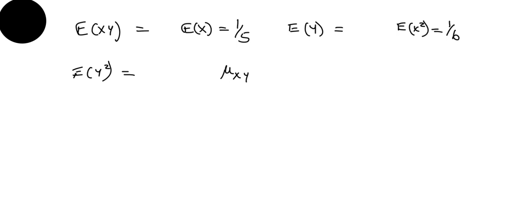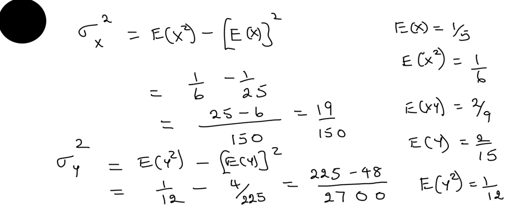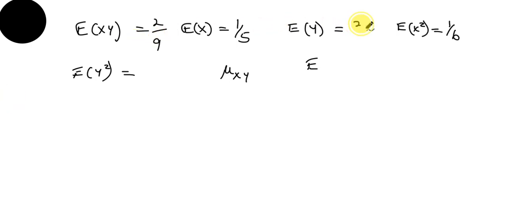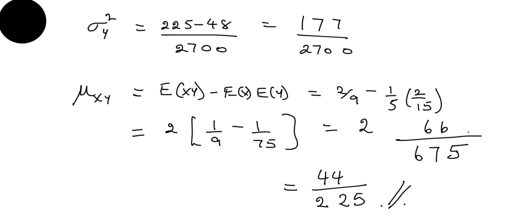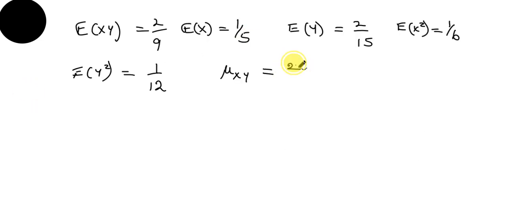My E of xy is 2 by 9. E of y is 2 by 15. E of y squared is 1 by 12. My mu xy, just now we calculated, is 44 by 225.